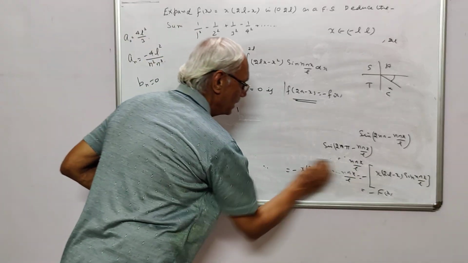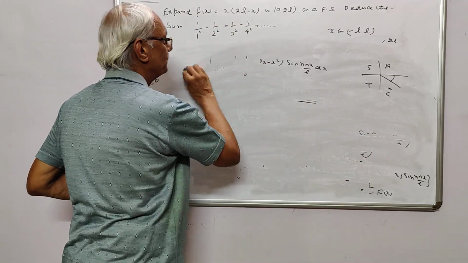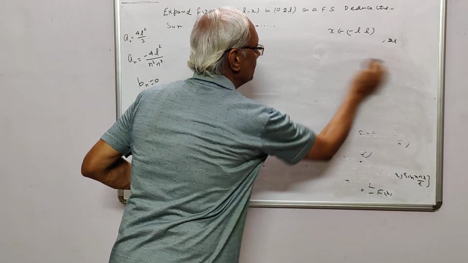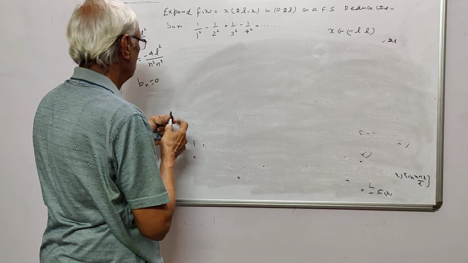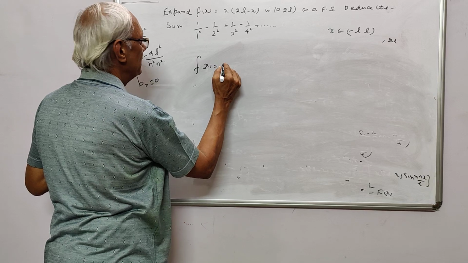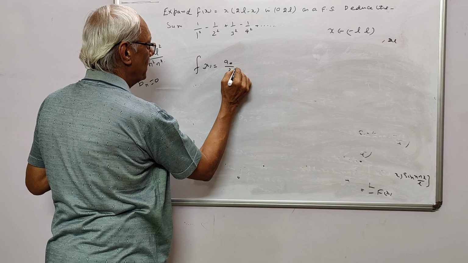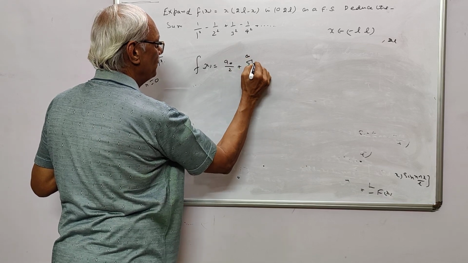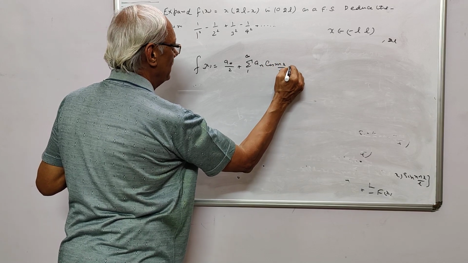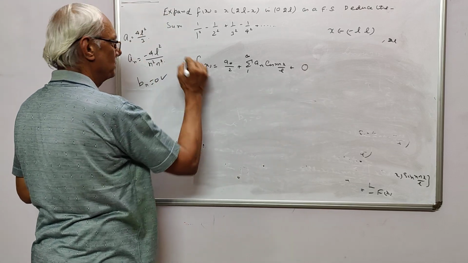An value I have got here. Therefore, what is that you will get here? f of x is equal to a naught by 2 plus sigma 1 to infinity of an cos n pi x by l plus 0, because Bn is 0.